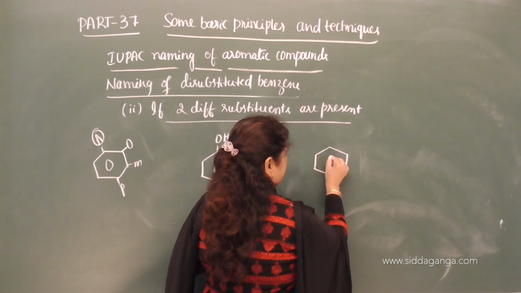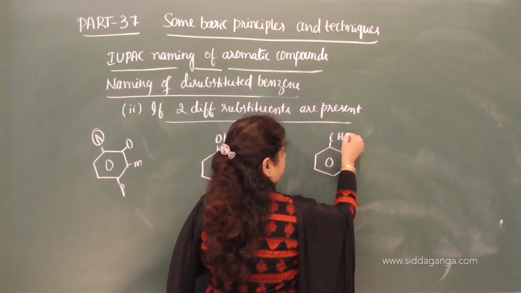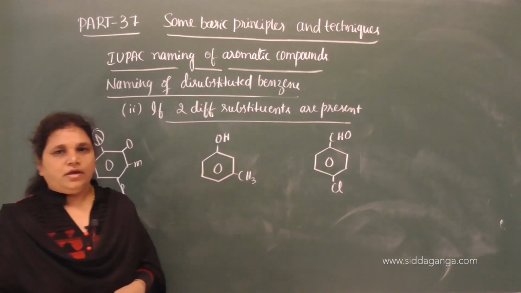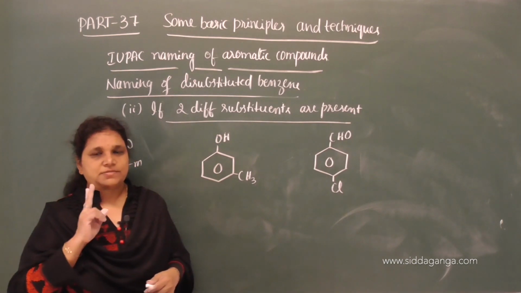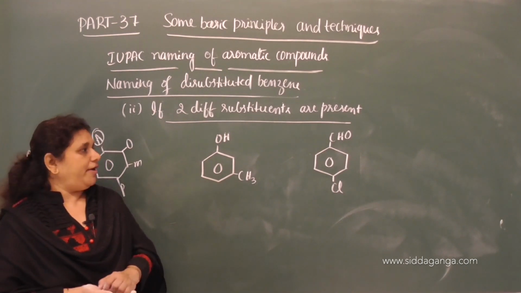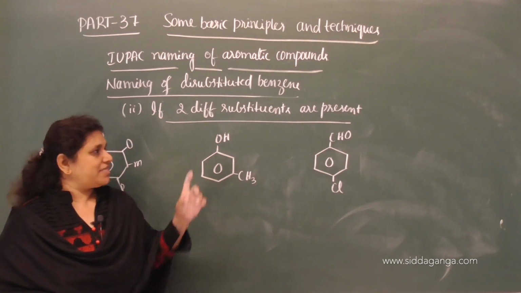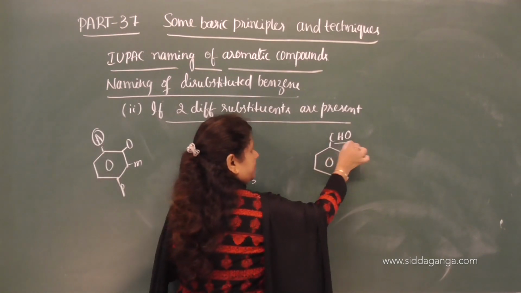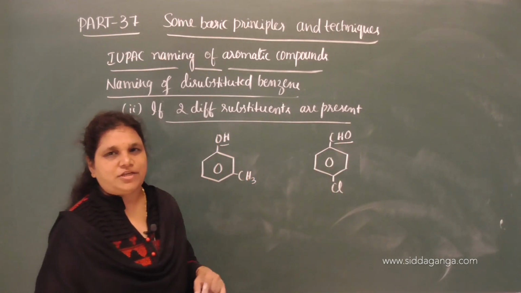This is CHO, Cl. Here the two substituent groups present on a benzene ring are different, and one of the groups here is a functional group. As you know, this is OH, this is CHO, these two are the functional groups.